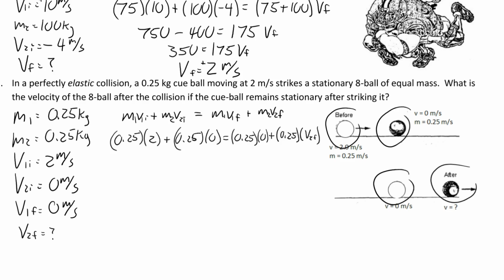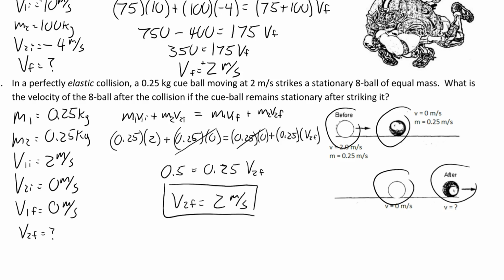And by looking at it, and you might have even known already what's going to happen, these things cancel out, right? They both cancel out on either side. So you're just left with 0.5 kilogram meters per second is equal to 0.25 times V2F. You divide both sides, and V2F is going to be 2 meters per second.